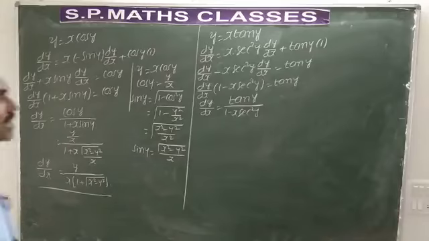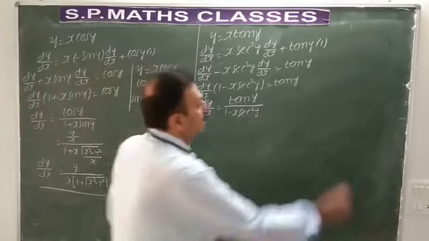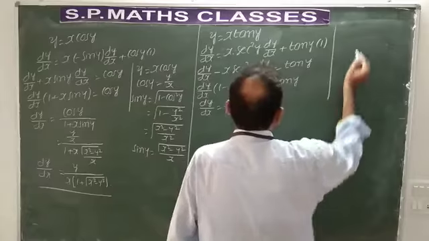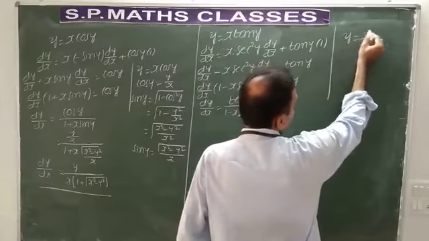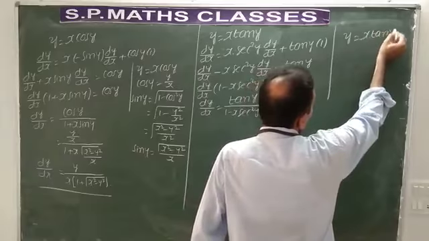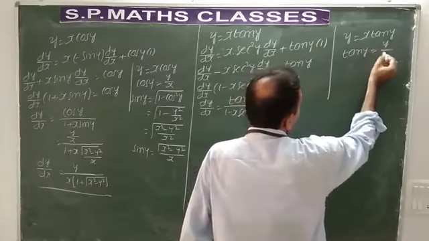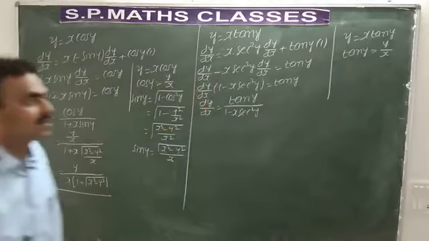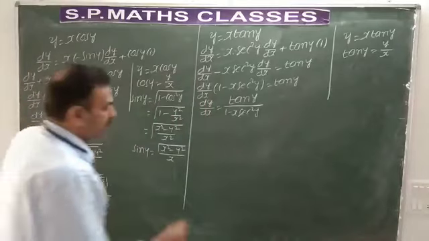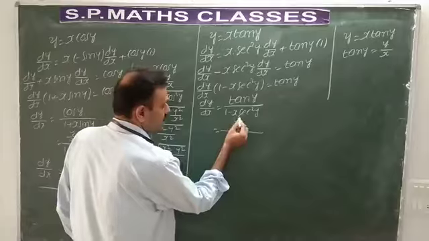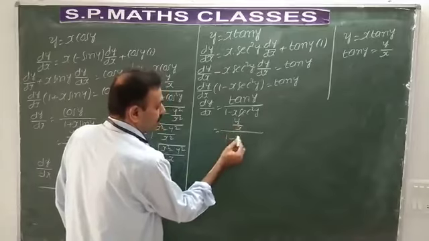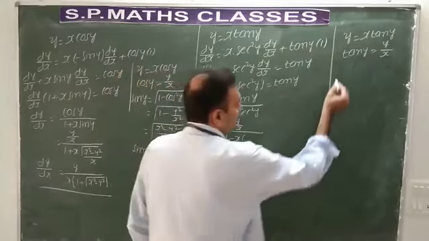Since they want the answer in terms of x and y, see here on the RHS we have y is equal to x tan y. What is tan y? Tan y is equal to y by x. We can substitute y by x. 1 minus x into, what is secant square y?